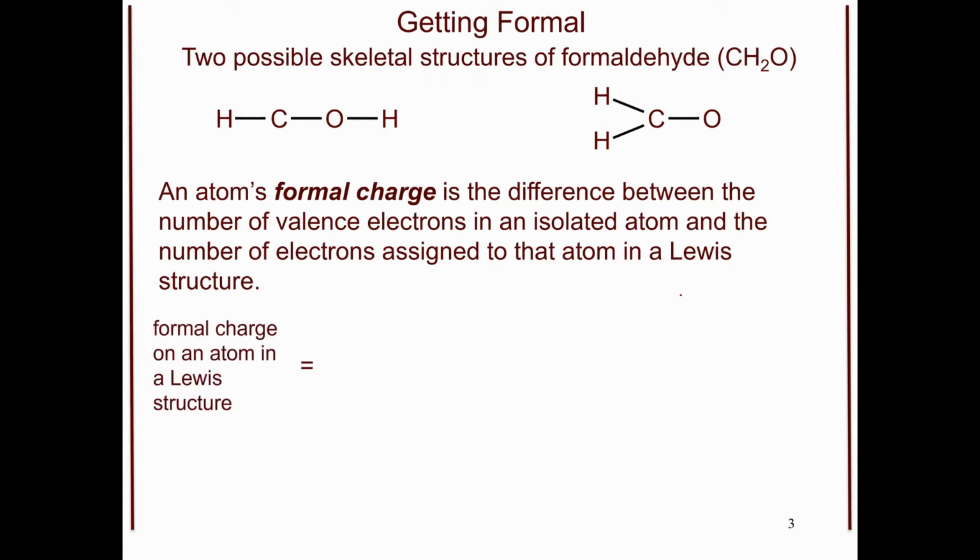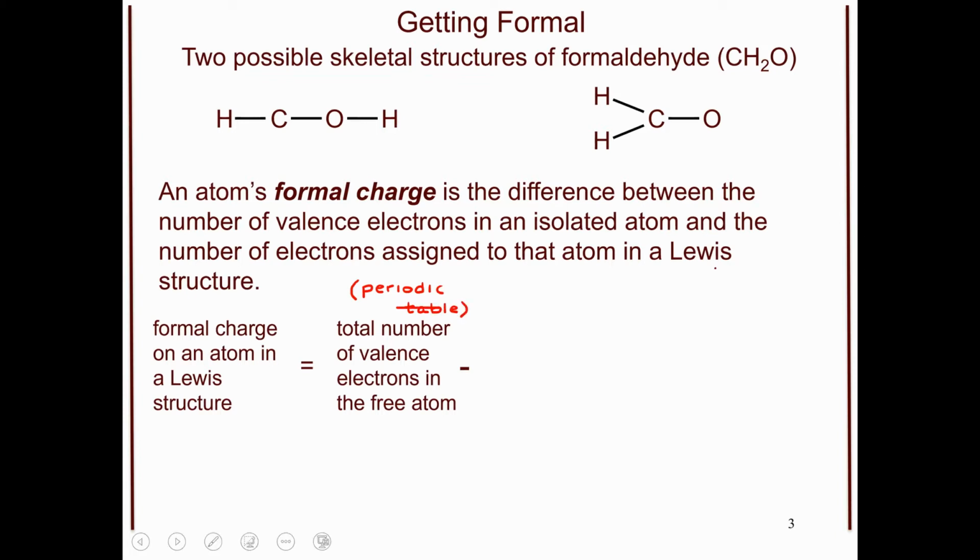So now, one way of calculating formal charge is by using the formula that you'll see below. That is the total number of valence electrons in the free atom. This is coming from our periodic table. This is where you need to know the column that it is in and how many valence electrons you are going to get.